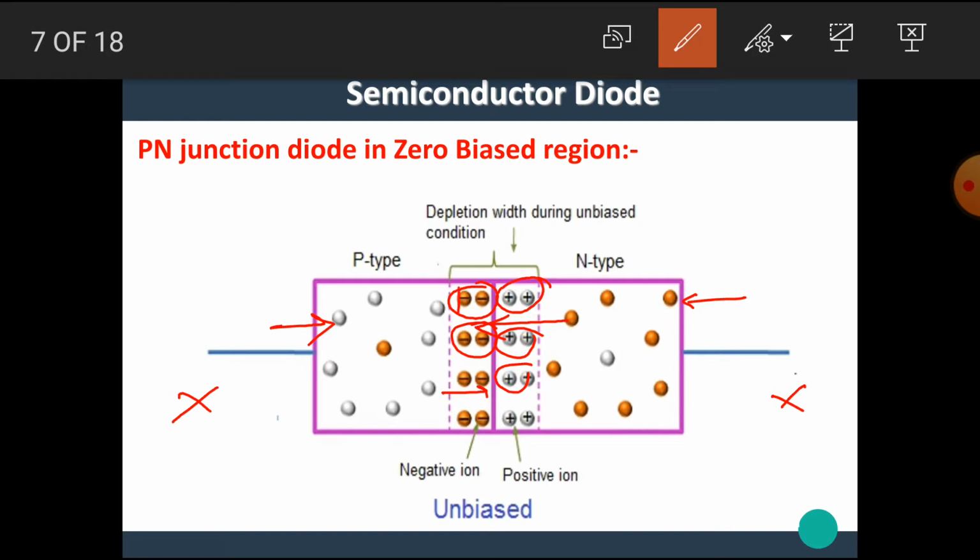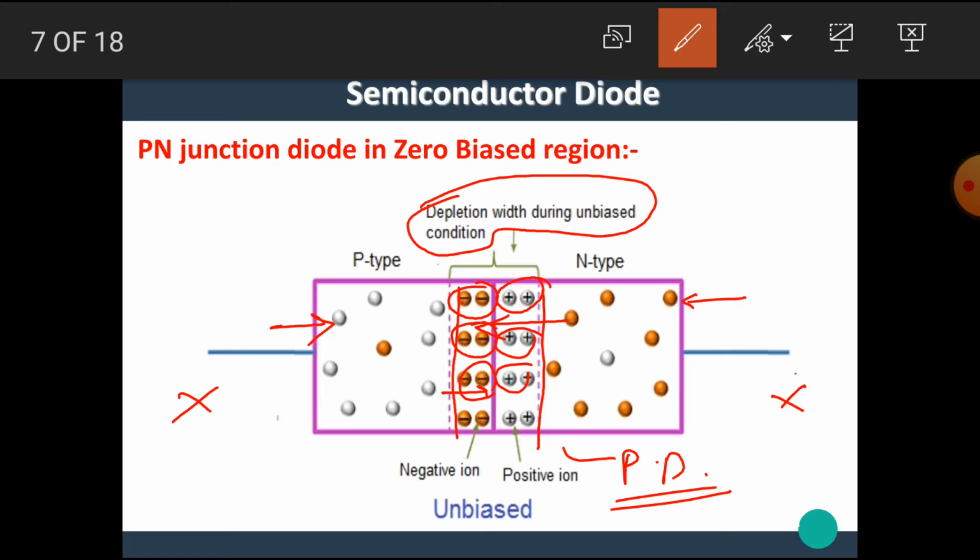The region formed here is known as the depletion layer or the space charge region. Within this region, a potential difference, that is, a voltage, is developed. This voltage acts as the barrier for the further recombination of electrons and holes.